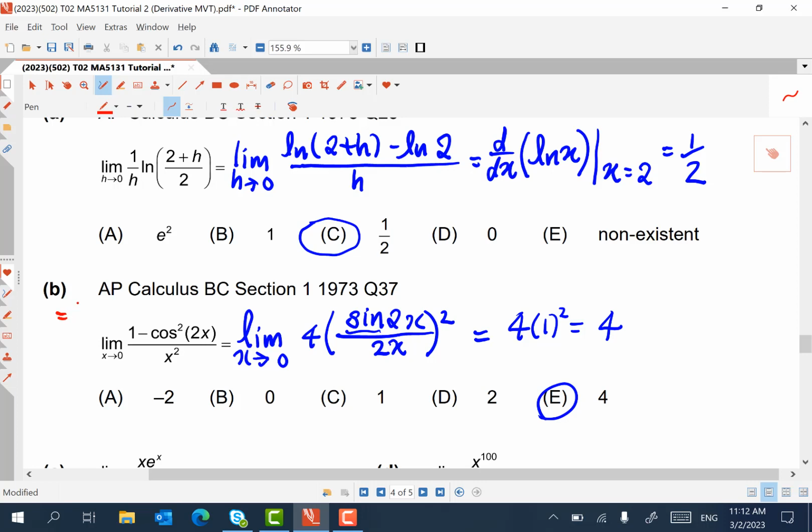This gives you the limit as x goes towards 0 of sine over x square, and then just go to this.